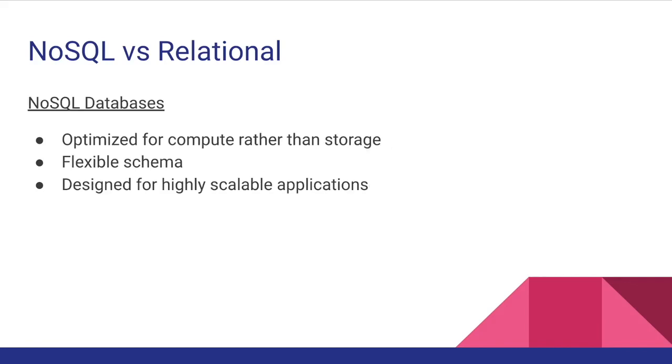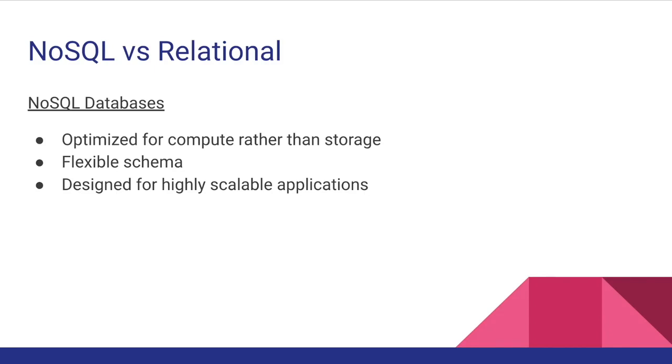Because of this strict schema, you cannot have items with different numbers of attributes of different types in a single table. In contrast to that, NoSQL databases are optimized for compute rather than storage, because nowadays storage is quite cheap, but compute is not. So you already understand what NoSQL databases are going to do. They are going to keep duplicate copies of data and minimize the table joins, so that it will reduce the compute power required to retrieve the data.